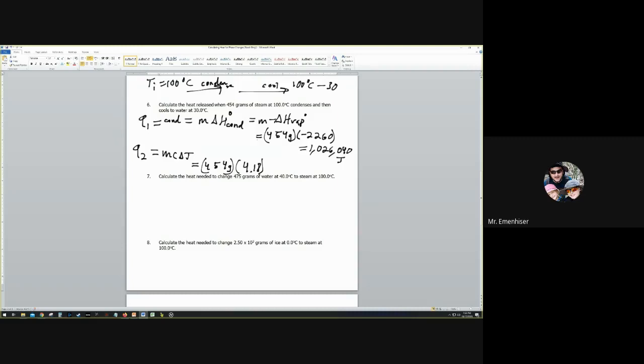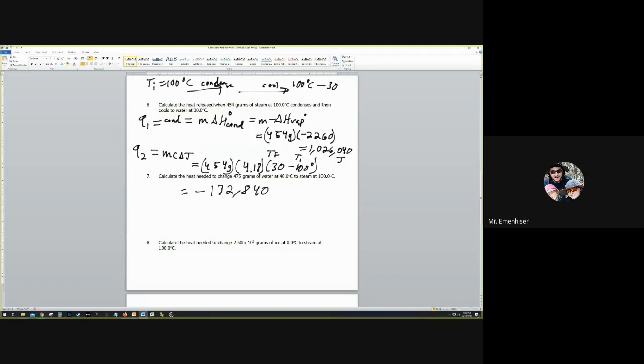But 4.18 is just a very common number. And then we're going to do 30 minus 100. Remember, it's the final temperature minus the initial temperature. And so we multiply that out, and we get negative 132,840.